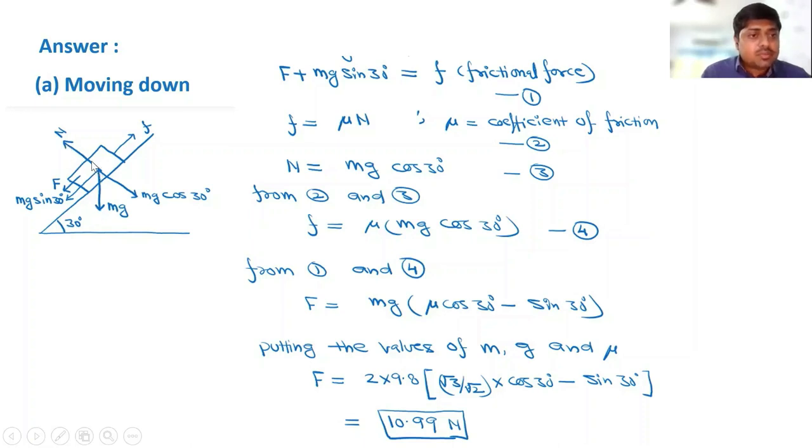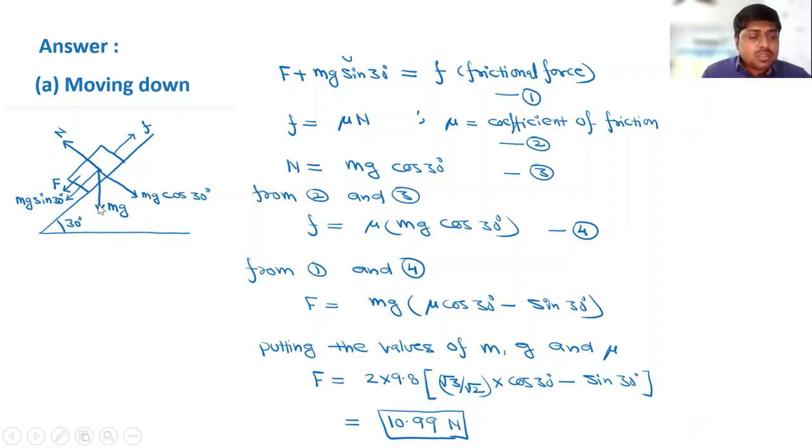There is one force acting perpendicular to this surface. This is the reaction force. And we know that this angle will also be 30 degrees. We can get it from trigonometry.